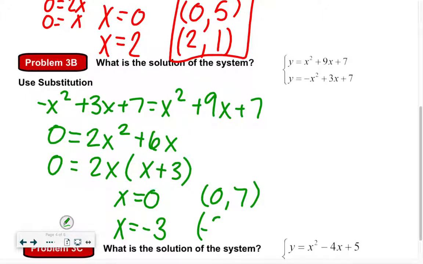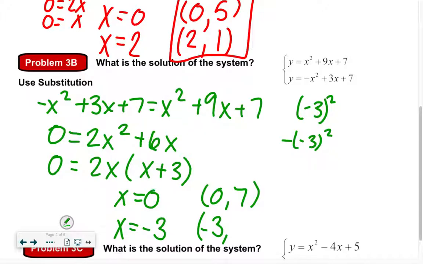Does it matter which one you plug it into, top or bottom? No. You should both get the same answer. Some are just nicer. Where do you want to plug -3 in? Top. Okay. This time, since our number is -3, it is -3 squared. Do you guys know the difference between if I plugged it in here and here? If we plugged it in here, it's like -3 squared and then make it negative.